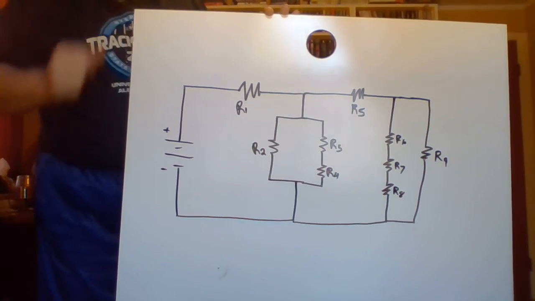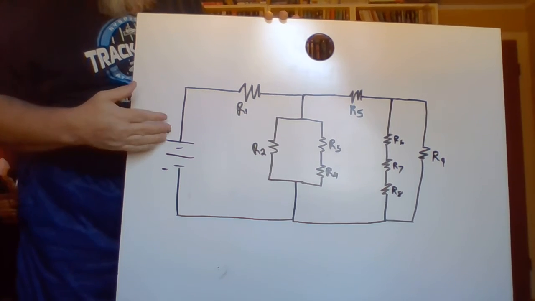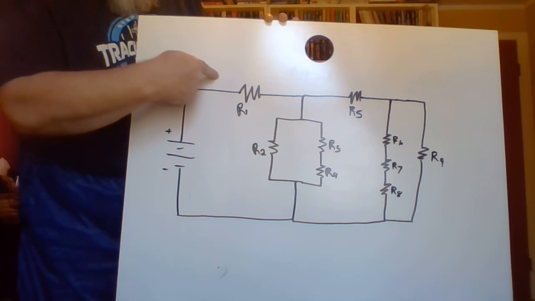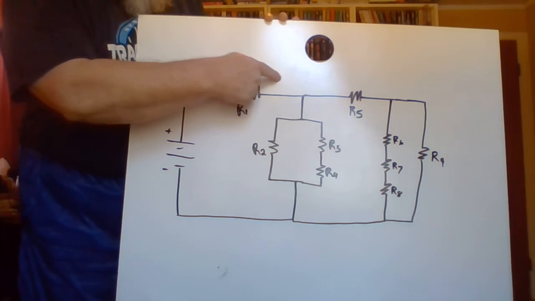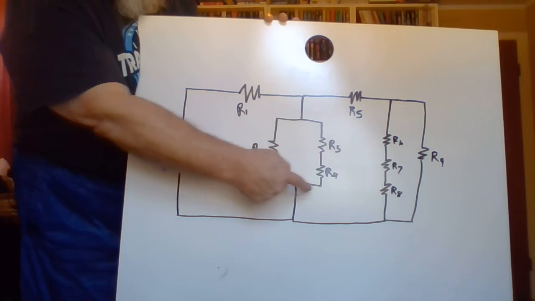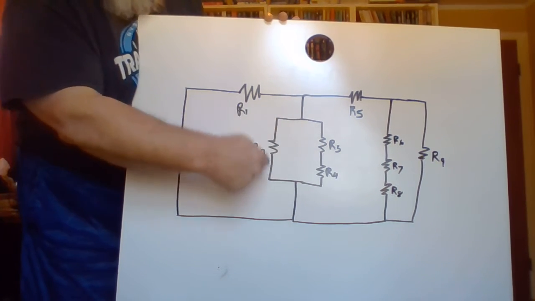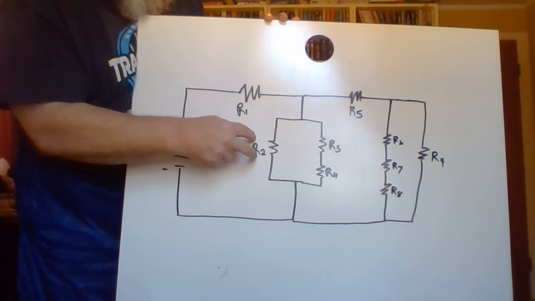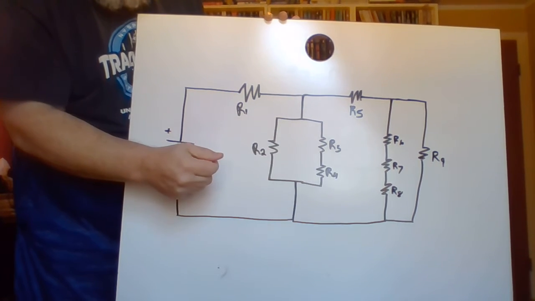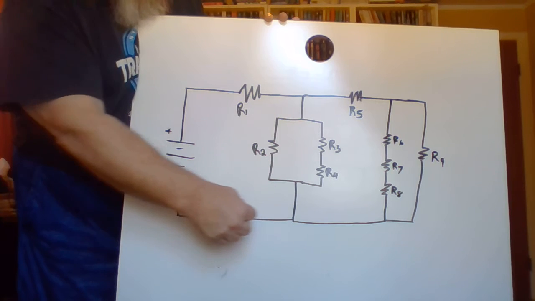Okay, last circuit for this particular lesson. Voltage source, current comes out, goes through R1, splits. And now we have a parallel connection between R2, R3, and R4. Okay? Joins back together and comes back in.